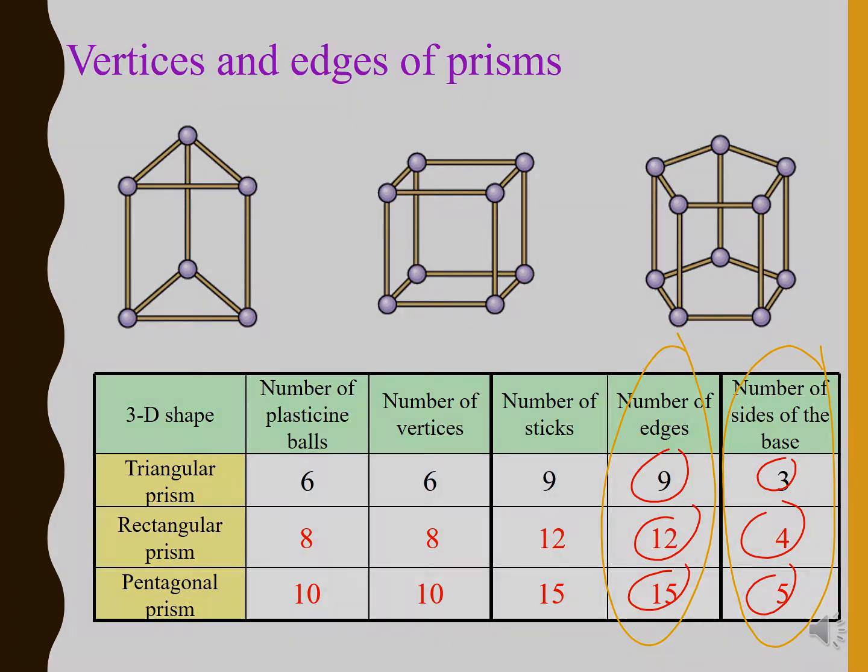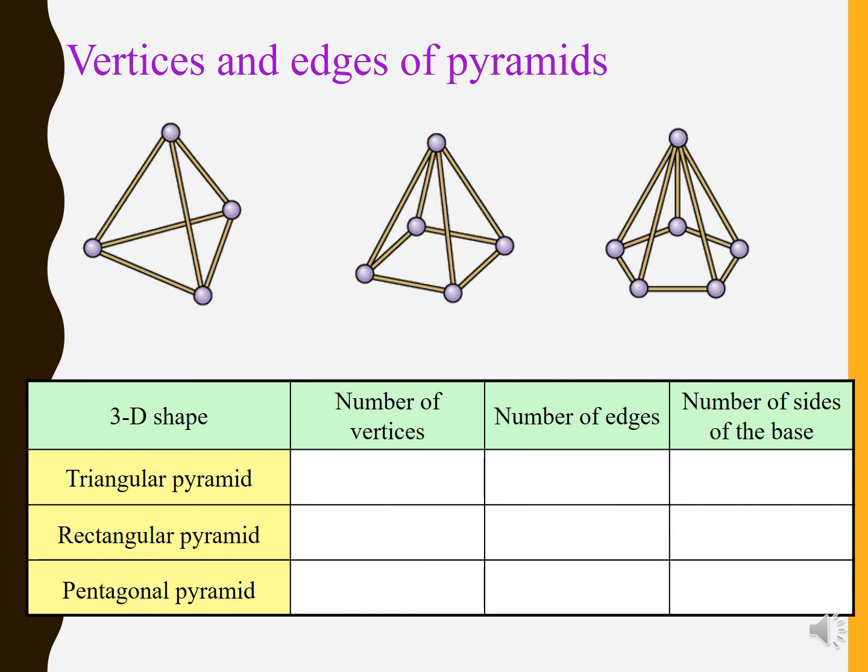What about in pyramids? Let's do it similarly once again. For the triangular pyramid, we have 4 vertices: 1, 2, 3 at the bottom and 1 pointed top, so totally 4. For the edges, we have 3 at the bottom, and then 3 more going up to the top, so 6 edges.